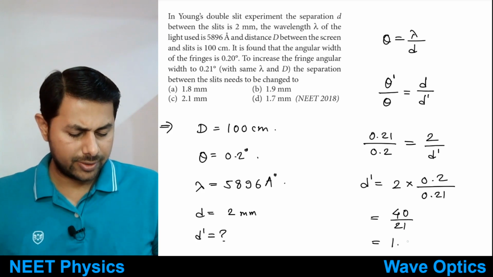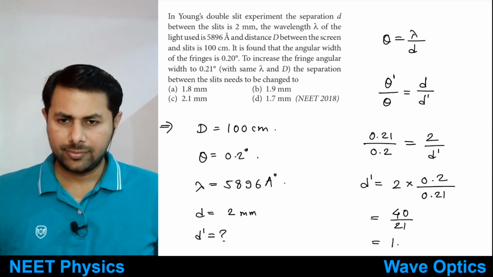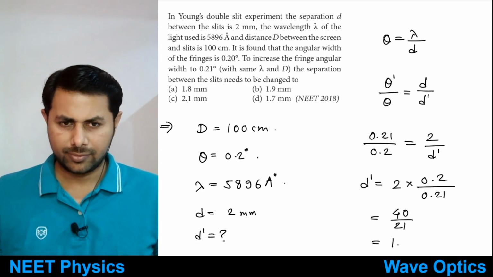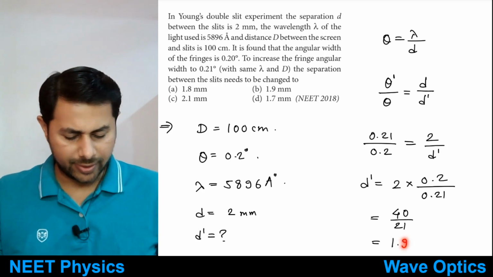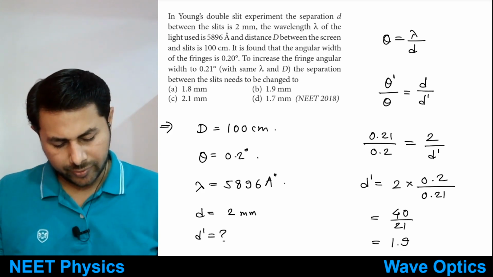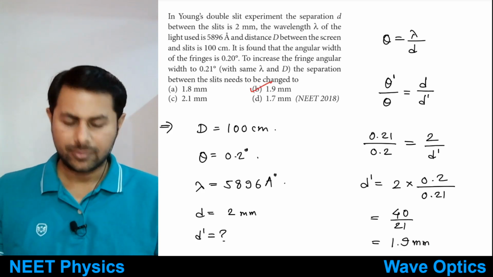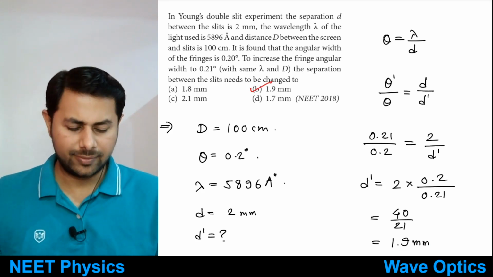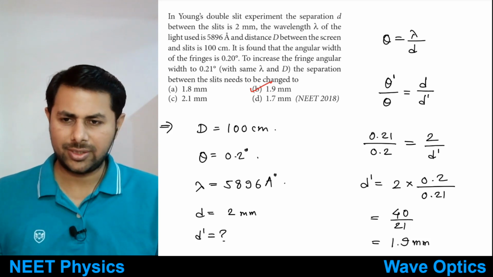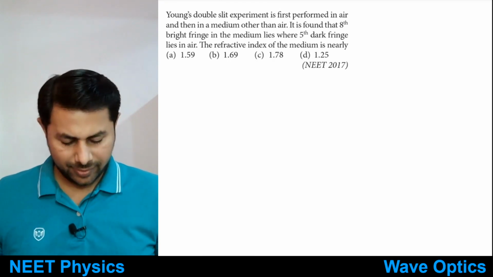It will be 1.9 or 1.8. 1.9. Okay, so that's the answer, right? 1.9 mm. So very simple, right? Most of the questions are very simple. Okay, let's see the next one.